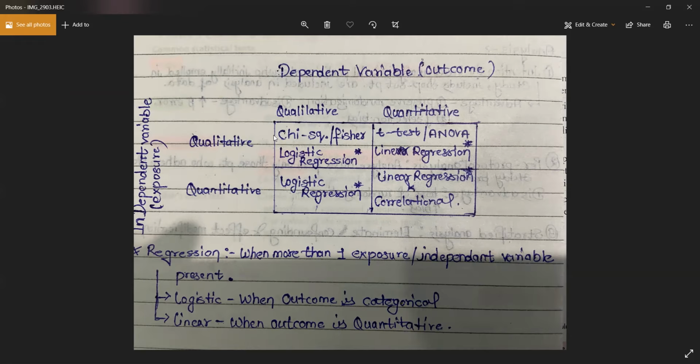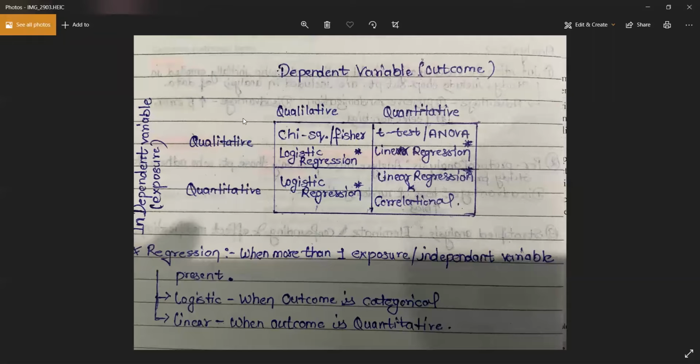If in my study the exposure is a qualitative variable, whether I've taken drug A or not, and I want to assess the outcome on the basis of a quantitative variable. Let's say I'm taking a vitamin therapy, and this vitamin is known to increase the level of iron in my body. So whether I'm taking the vitamin or not is a qualitative variable.